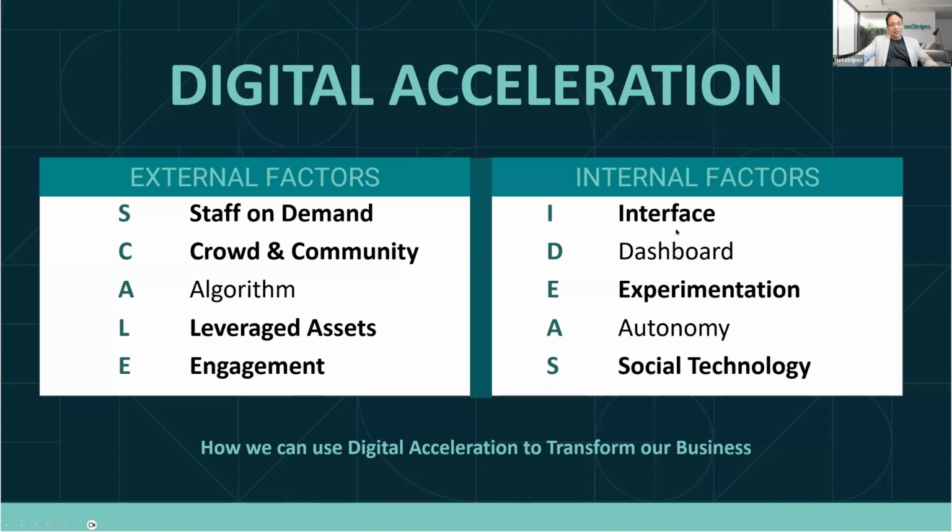The interface was her website and of course Zoom, and she did massive experimentation because nothing works the first time. You know, you got to keep experimenting until it works. And she used social technology. So there you go, ladies and gentlemen, a really nice example of how a simple business that was struggling to get revenue, to get customers, can grow.